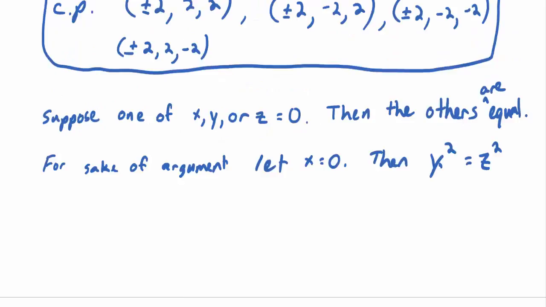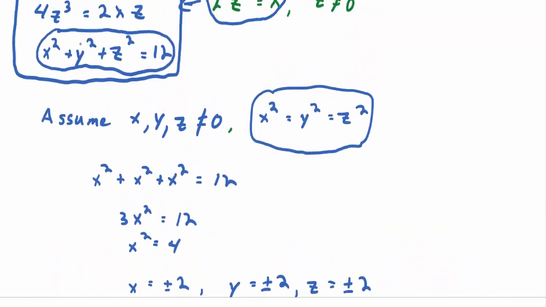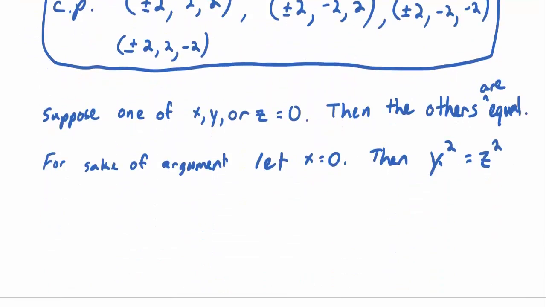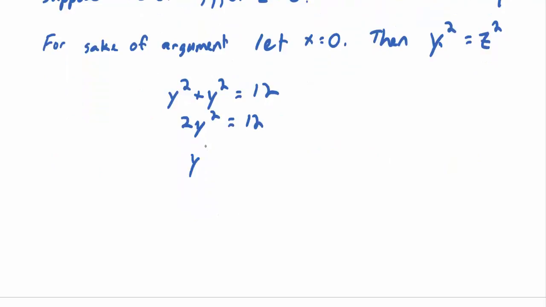But that means that y squared plus y squared is equal to 12, right? From that bottom equation, you plug in x equals 0 and z equals y. You get y squared plus y squared is equal to 12, or 2y squared equals 12, or y squared equals 6, which means y is equal to plus or minus root 6, which means z is equal to plus or minus root 6.